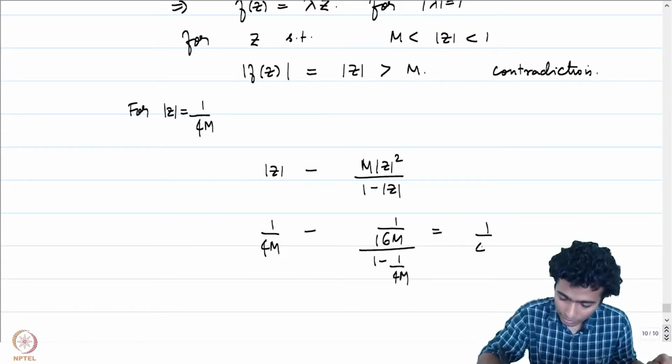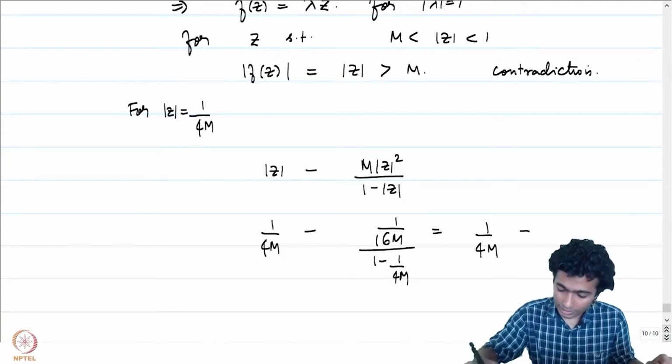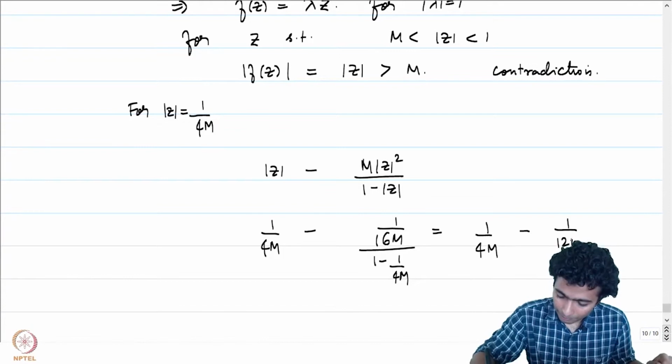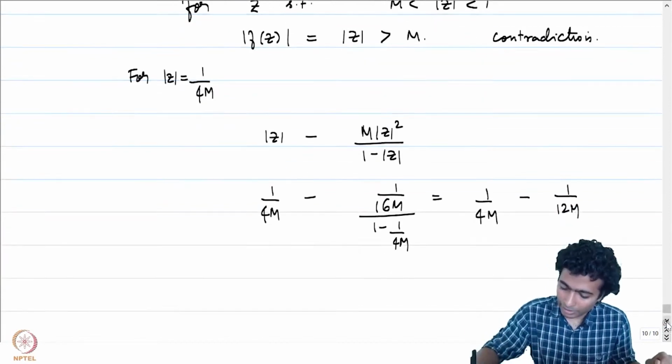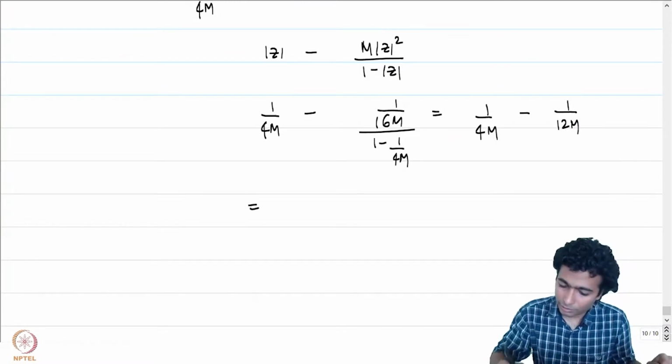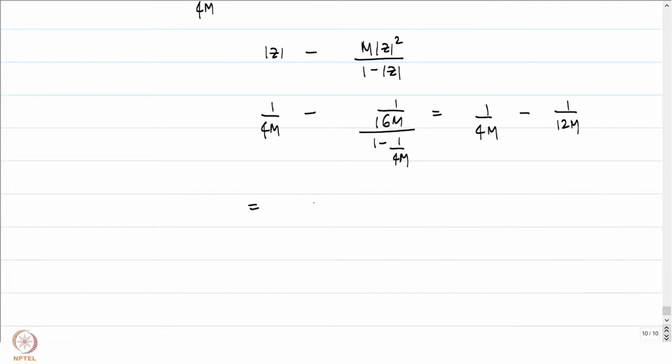This is going to be 1 by 4m minus 1 by 12m, and again computing this is going to be 3 minus 1, which is 2 by 12m, which is equal to 1 by 6m.